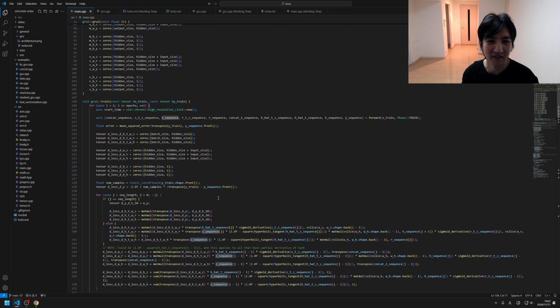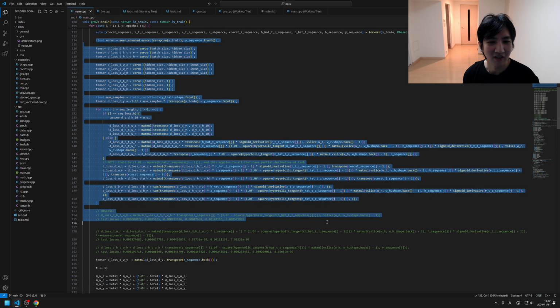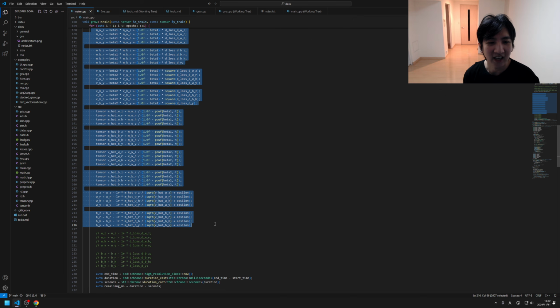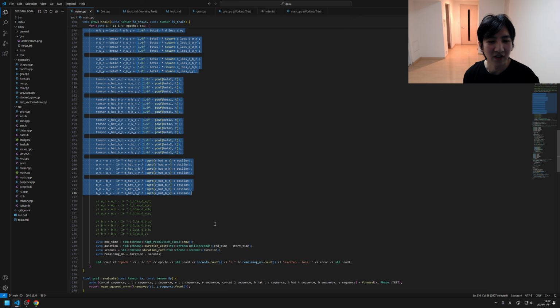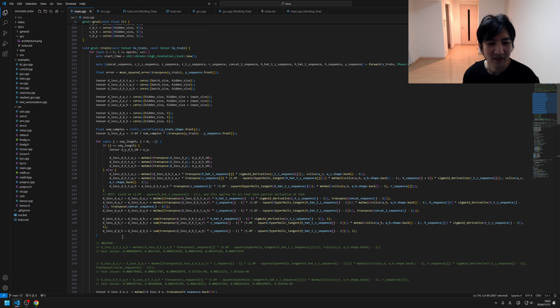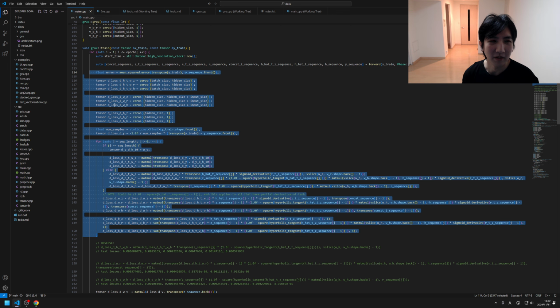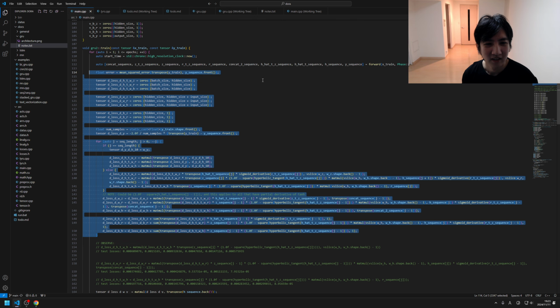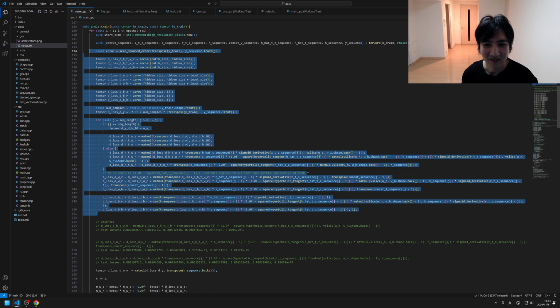And after the forward function, this is all backpropagation. Again, I had to use the Adam optimizer. This is the equation for backpropagation.